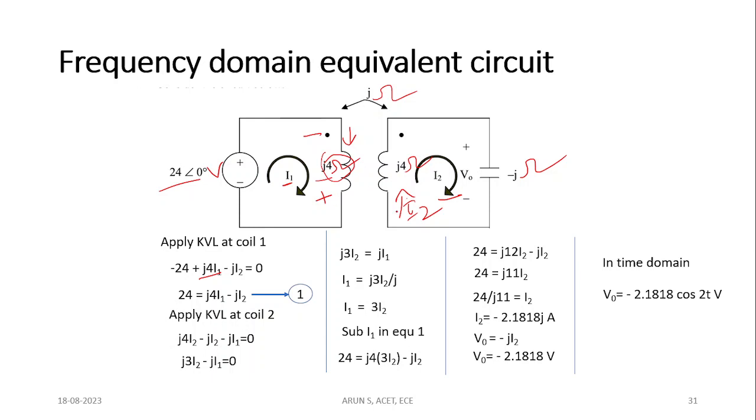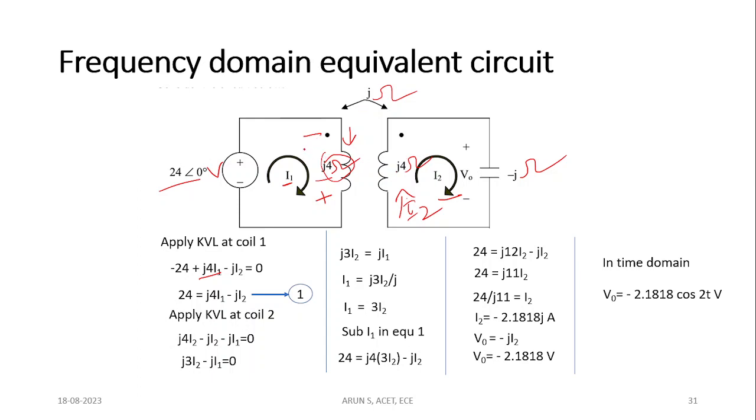So the current flowing through coil 2 is generating a voltage across coil 1. If it is entering the undotted terminal, the generated voltage positive will be at the undotted and negative at the dotted. And what is the voltage generated?